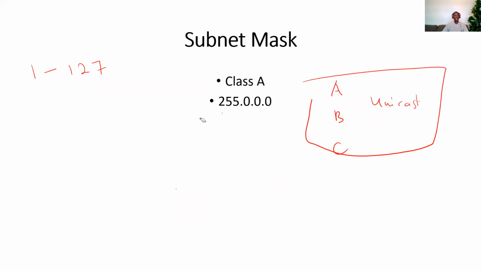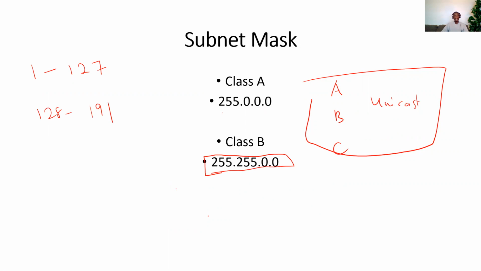The next one we're going to have a look at will be a class B address. So for class B address, the subnet mask is 255.255.0.0. We also mentioned that class B addresses start from 128 through to 191.